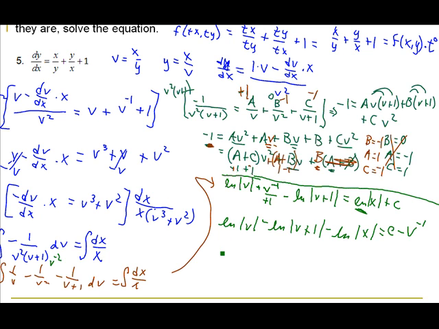On the left side of the equation, you want to combine all these logs together. So I get natural log of v over v plus 1 times x equals c minus v to the -1st.